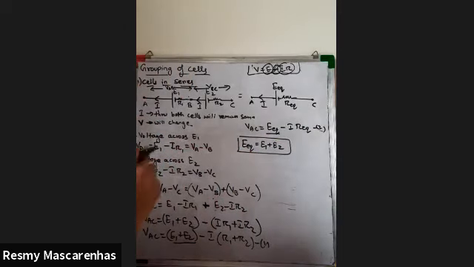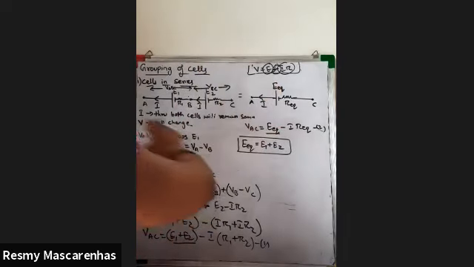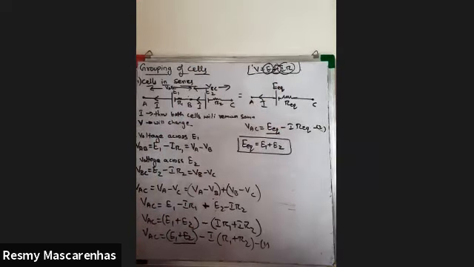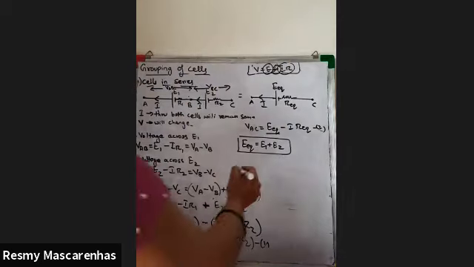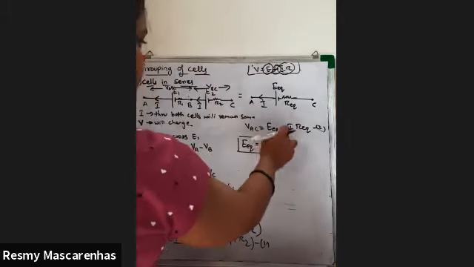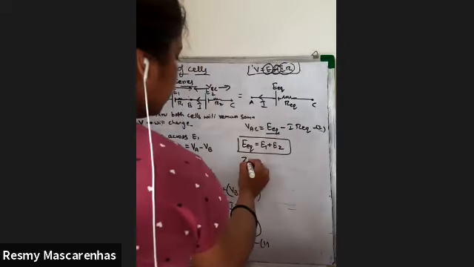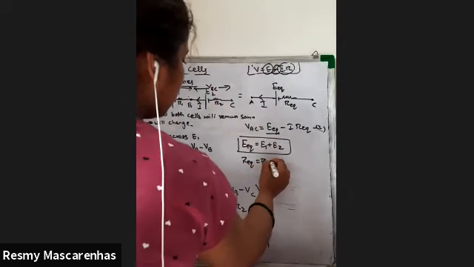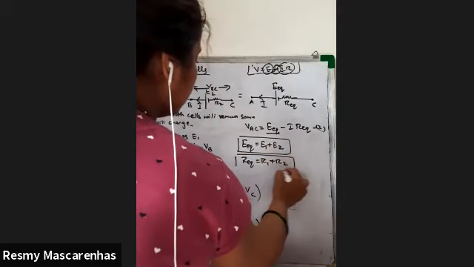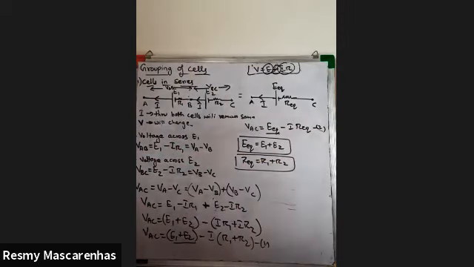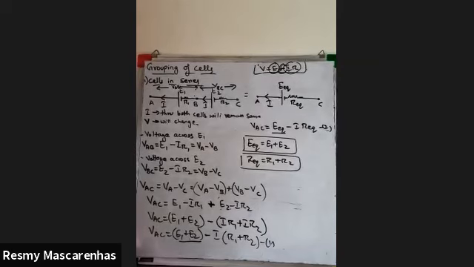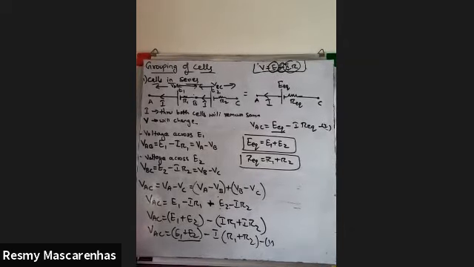When the cells are connected in series, the equivalent EMF will be just adding up all the cells. Then minus sign, I, R equivalent will be equal to what? R1 plus R2. So when they are connected in series, even their internal resistances you have to add.